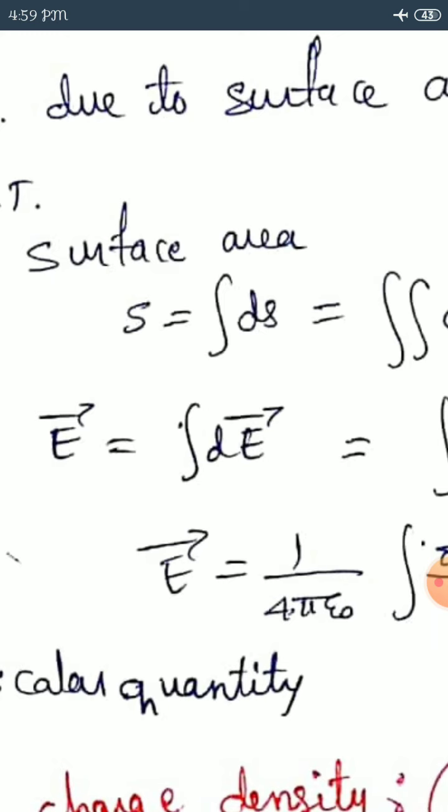S is the whole surface area. We consider the small element area ds and use it to calculate the whole surface area. So S is equal to the integral of ds. If you integrate ds, we get the surface area S.